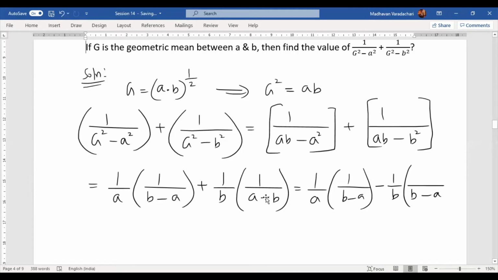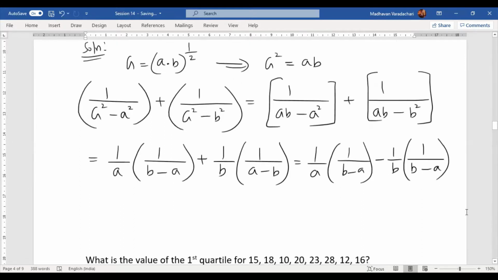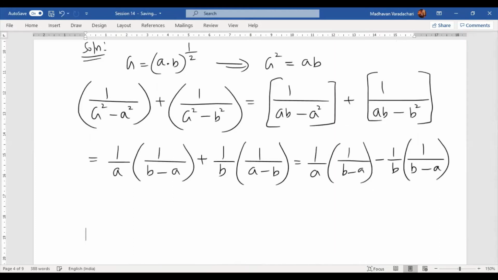Because I took this negative sign outside. When I take the negative sign outside in the second term, this minus B will become plus B, positive A will become negative A. Why I am doing that? Because I want this 1 by B minus A common term in those two things. I can take that outside. For that reason, I am taking that outside.